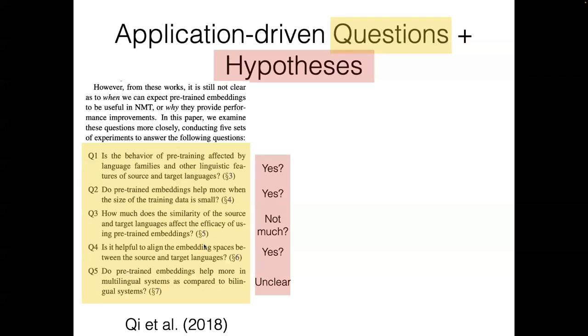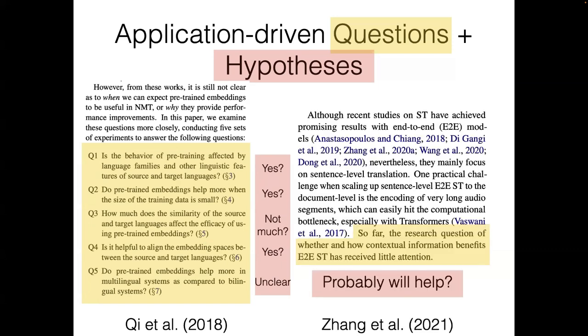Here, if you were to read through the different questions, you could think about what their hypothesis was, yes or no. But this is a more concrete example of at least laying out the questions.